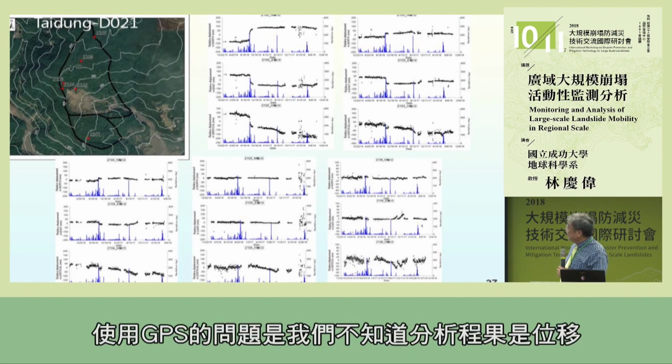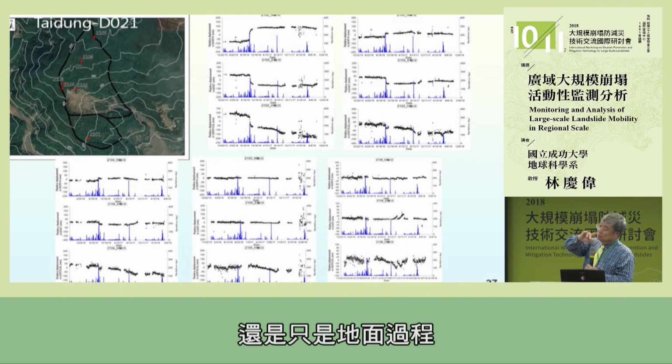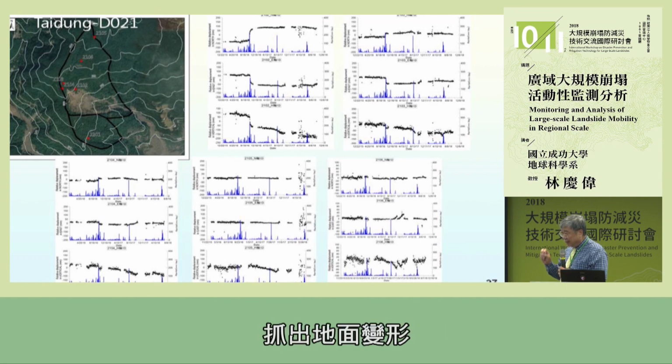The problem with using GPS is that we don't know if it's really displacement or movement along the sliding surface, or just a surface process. But using these two kinds of approaches, we try to catch the surface deformation.